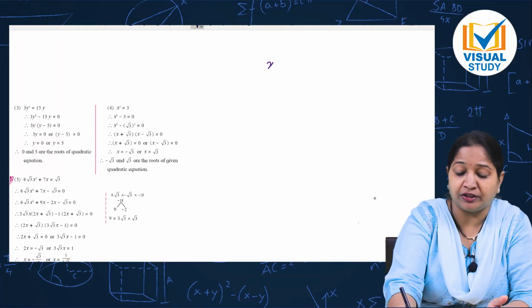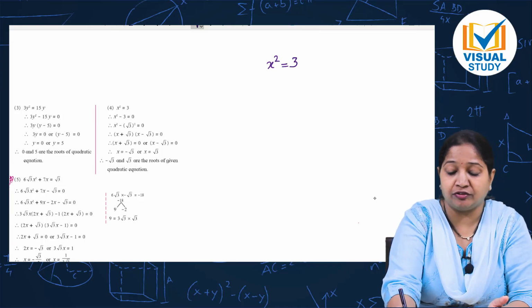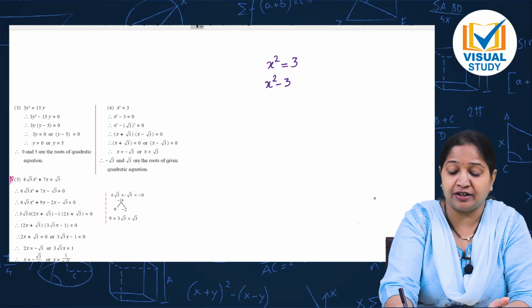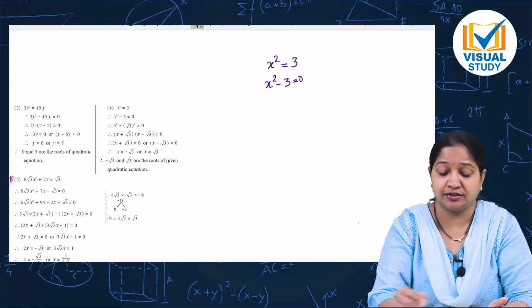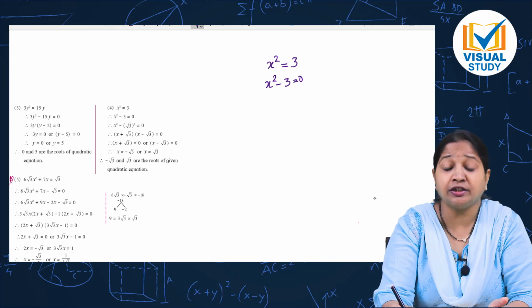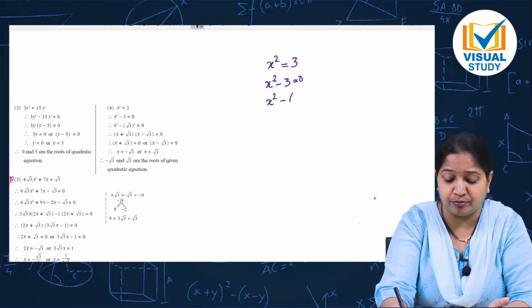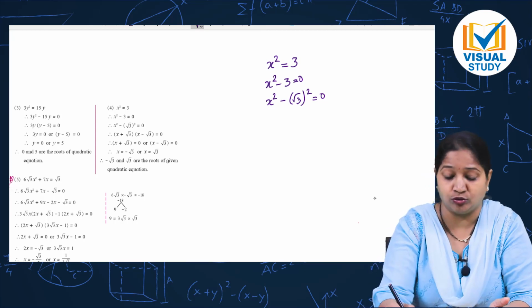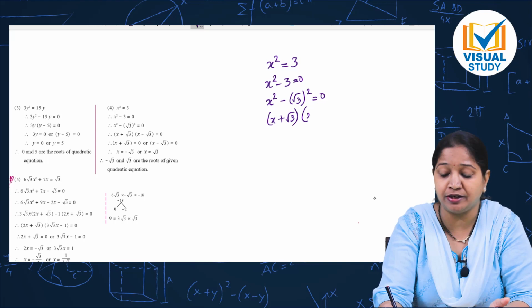Now one more example they have given you. x square equal to 3. That means x square minus 3 equal to 0. You can do it in two ways. They have given you x square minus root 3 whole square, and that is the a square minus b square formula, a plus b and a minus b.